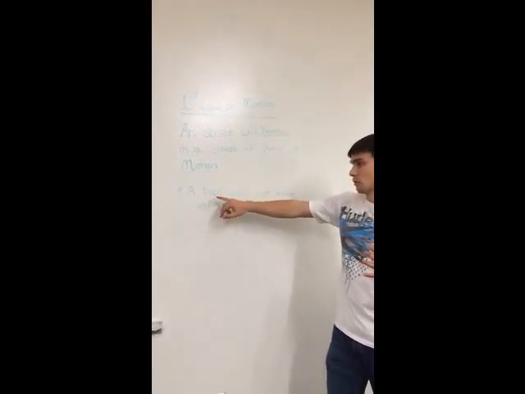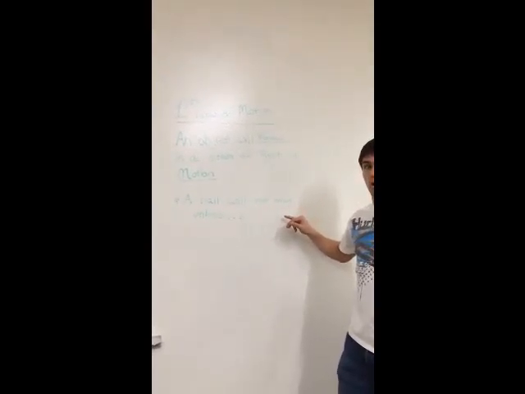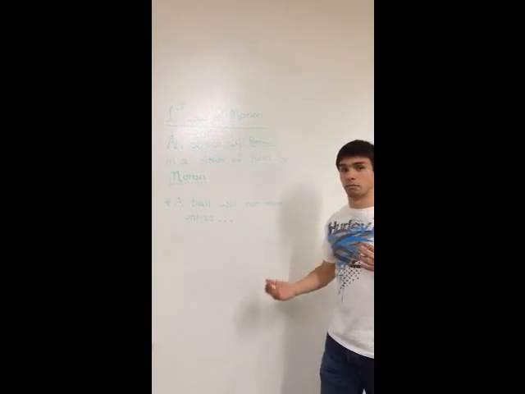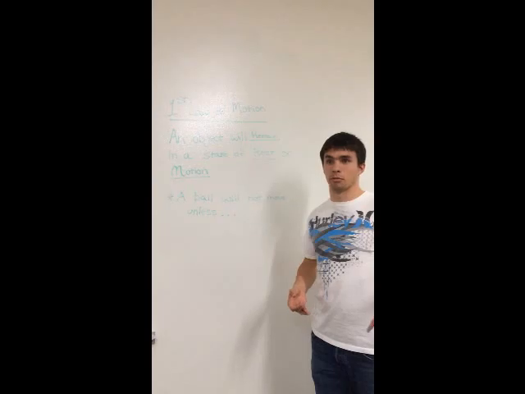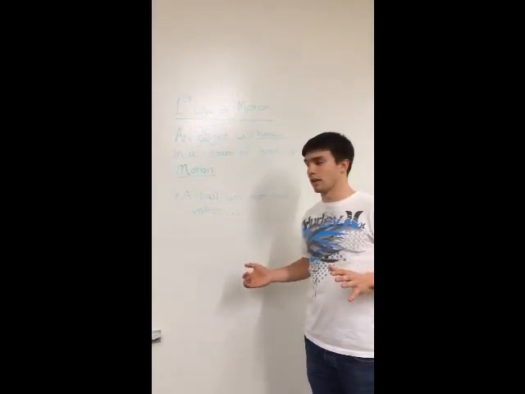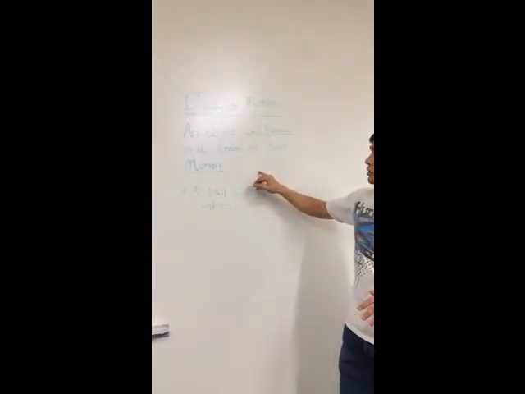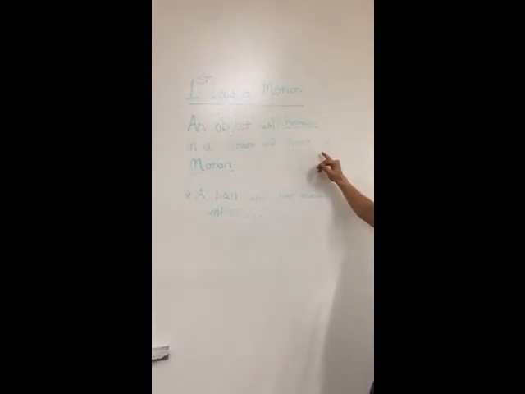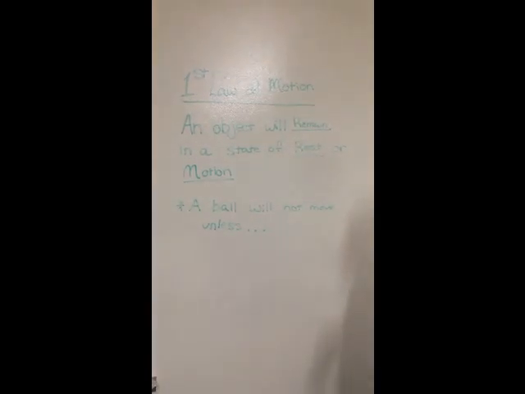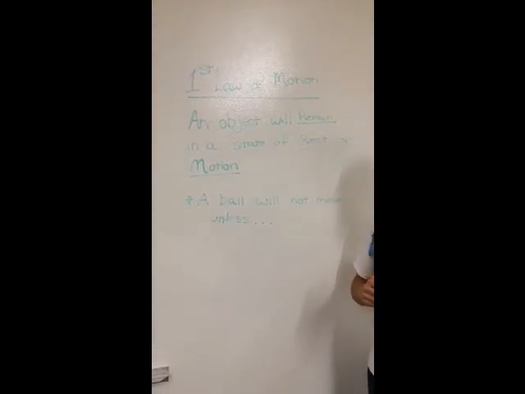And so what are some ways a ball can be moved? A person kicking it, wind moving it, the ground shaking from an earthquake, or anything like that. So the first law of motion is: an object will remain in a state of rest or motion unless a force is applied.